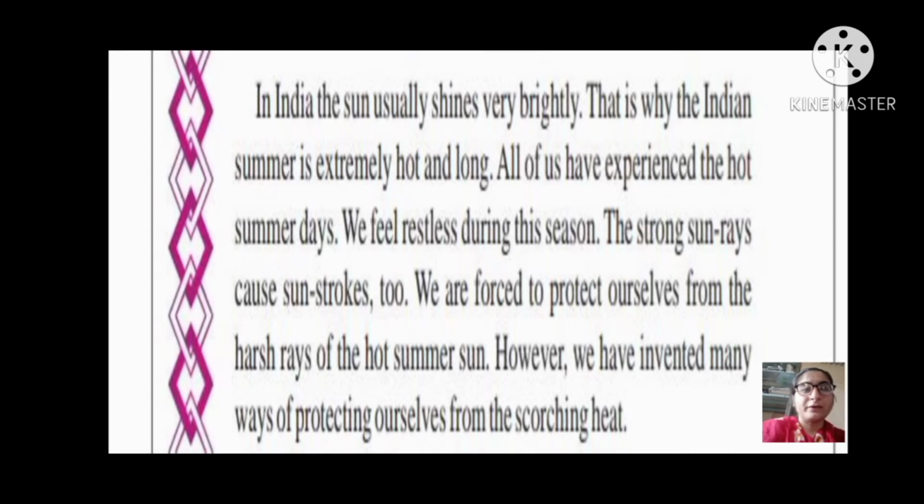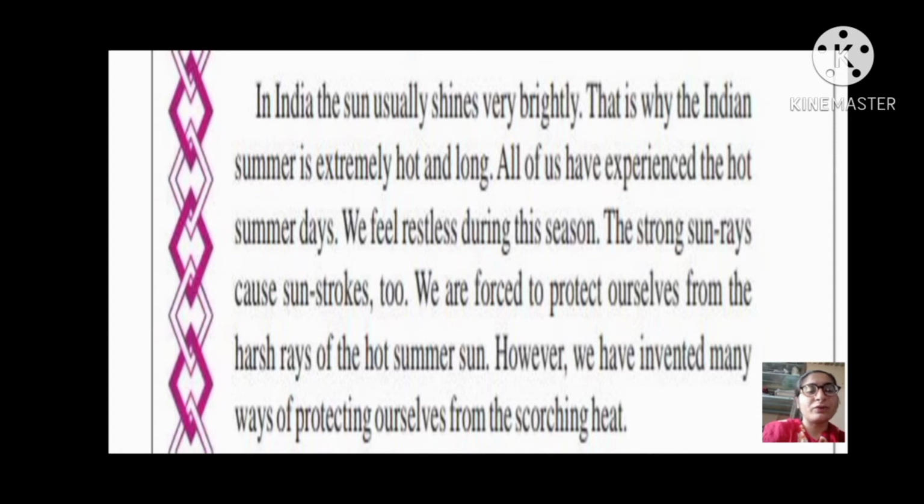Now we will go further. In India, the sun usually shines very brightly. That is why the Indian summer is extremely hot and long. All of us have experienced the hot summer days. We feel restless during this season.